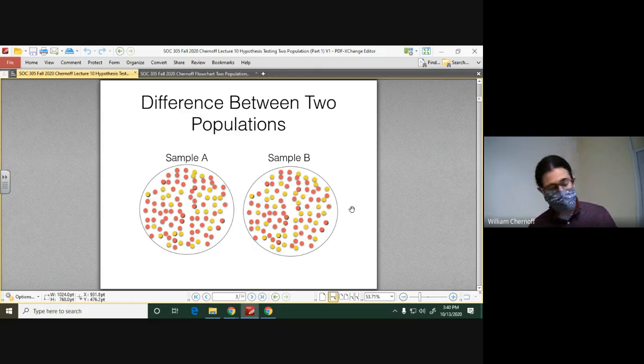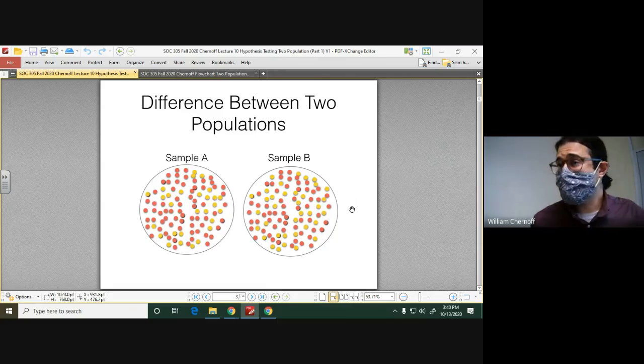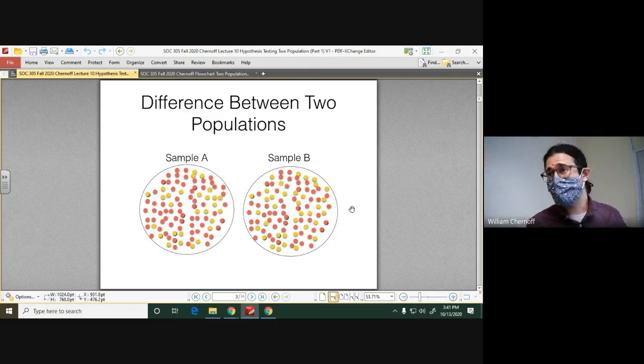This sample is not nearly as good as the one we got in the previous situation. So it's possible that sample B is still different from sample A, and it could be that there is a true difference. But it's also possible, again, just due to random chance, that we got a lousy sample. Or it could be just by random chance alone that there is a difference when really there isn't a difference.